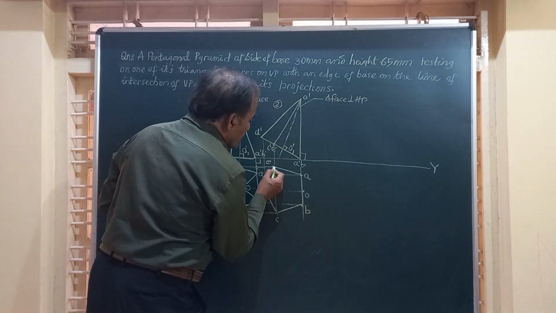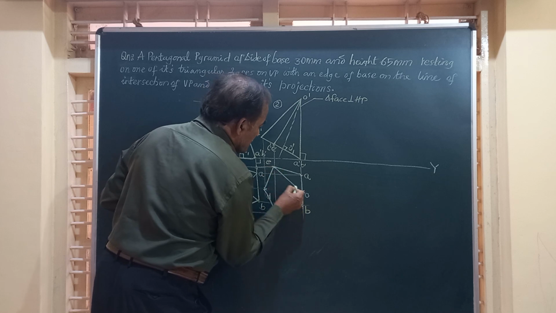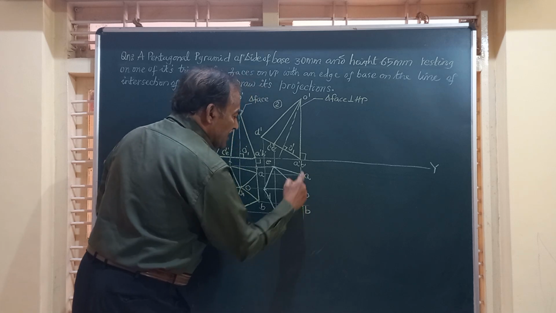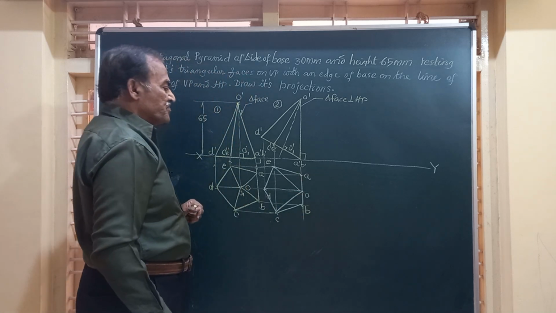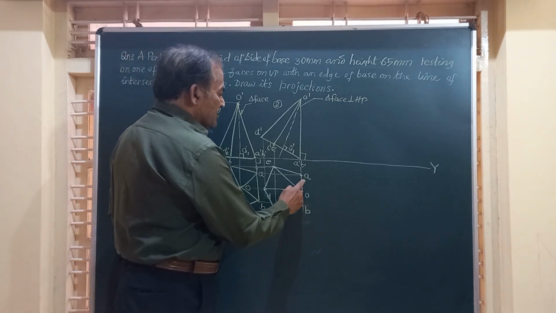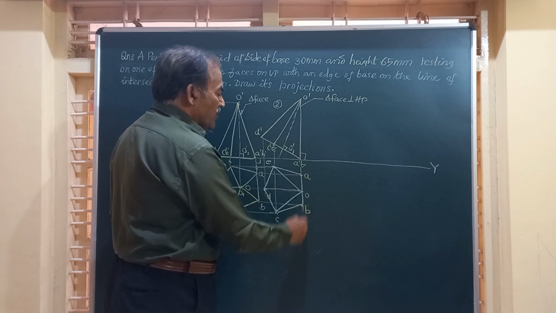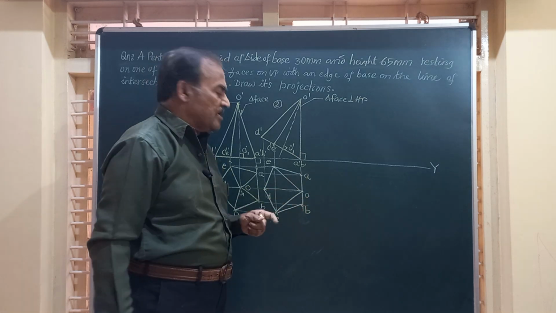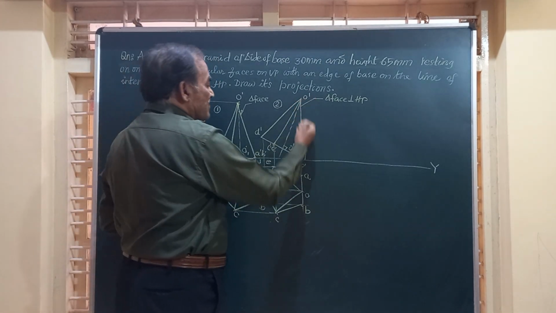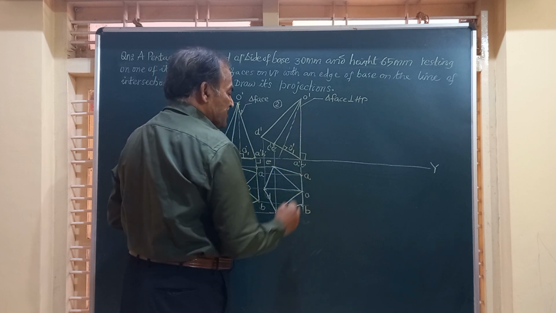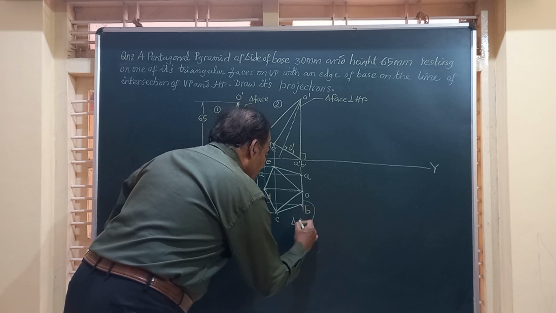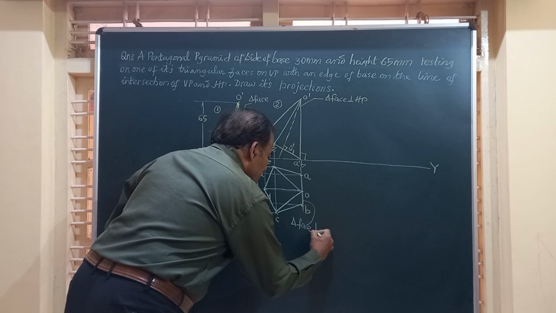So I am going to join O to E, then O to C, then O to D, O to A, and O to B. Friends, here you can observe in the top view the 3 points A, B, and O. These 3 points, or this line AOB, represents the top view of this triangular face O dash, A dash, B dash. And now friends, this triangular face is now perpendicular to VP.